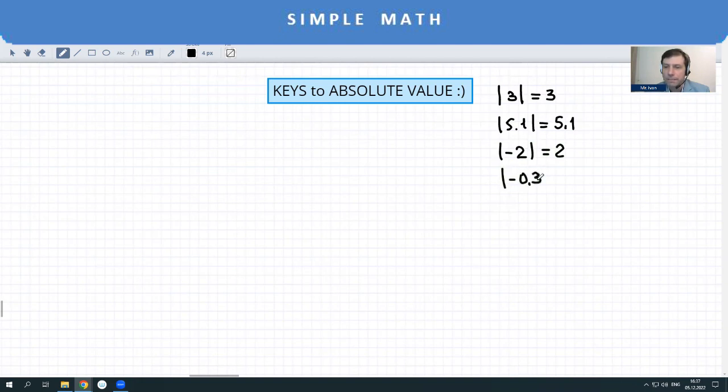-0.3 is +0.3. Yeah? So basically, the concept itself being written, denoted by these two vertical bars, it means absolute value. 3 in 2 vertical bars, it's absolute value. 5.1 in 2 vertical bars, it's absolute value.